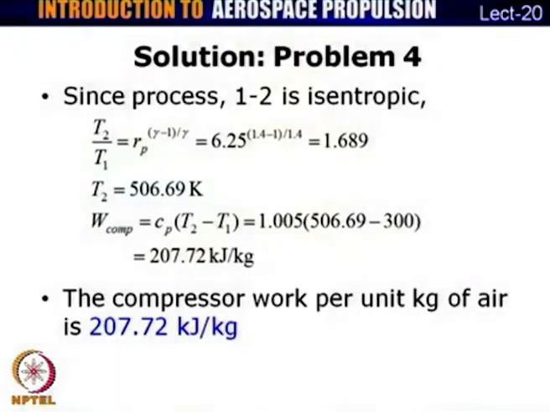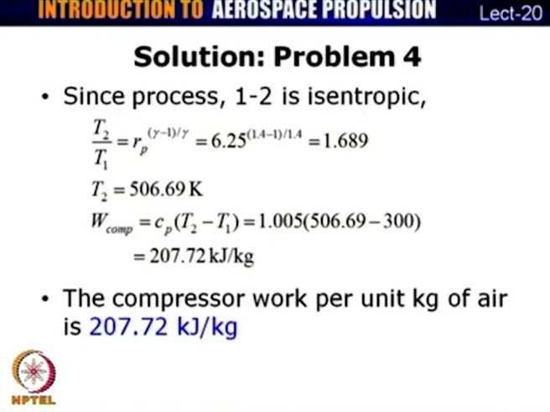Therefore, the compressor work can now be calculated, because we know temperature at state 2 and state 1. The compressor is basically a steady flow unit. We have already calculated this during the discussion on the first law, wherein we calculated compressor work as the difference in enthalpy, which is basically Cp into the temperature difference.